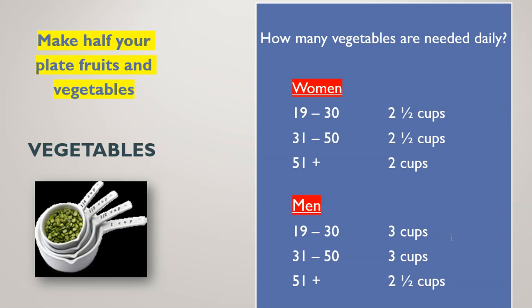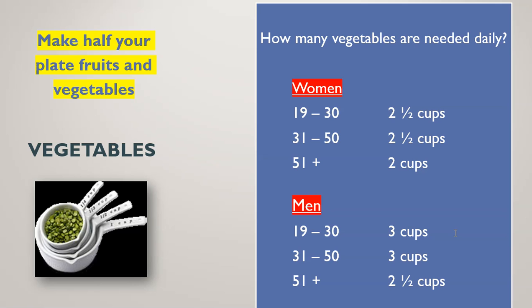I know based on experience with students in the past that students will do a pretty good job getting their fruit. But when it comes to vegetables, this area seems to be more difficult.